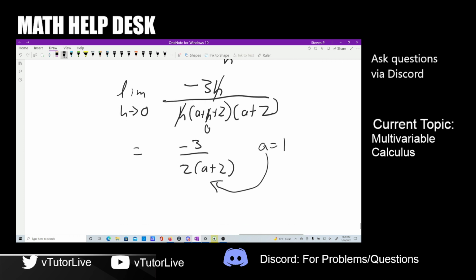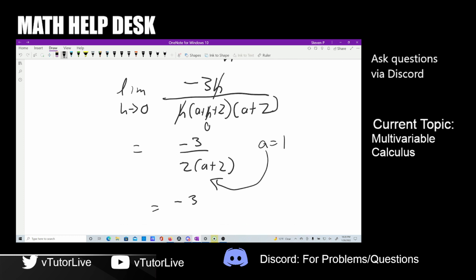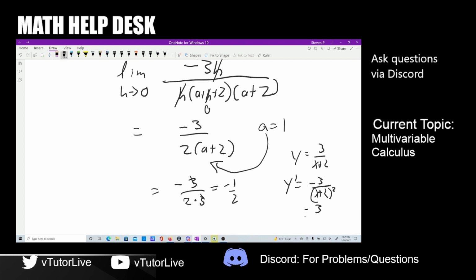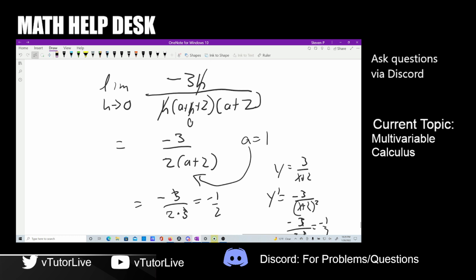So y prime is equal to minus 3 over (x plus 2) squared. Minus 3 over 3 times 3. Yeah, I made an arithmetic mistake somewhere. The answer should be minus 1/3. Let me go find it.